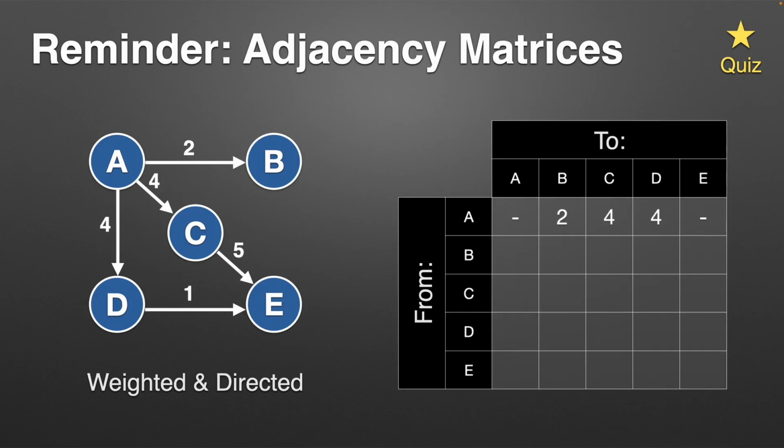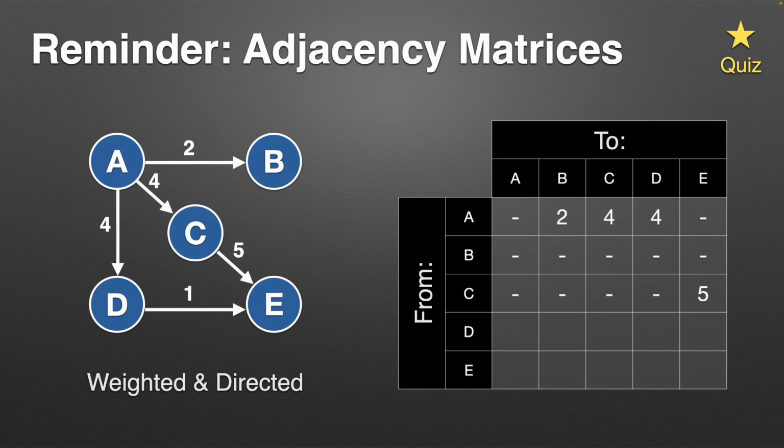So in a similar way for B, you can see that because this is directed, going from B, we don't go anywhere. So there's nothing on this row. Yes? If these weren't weighted, would we just do like 1 and 0? Yeah, absolutely. If there's no weight, it's kind of just like a binary, is it there or not?